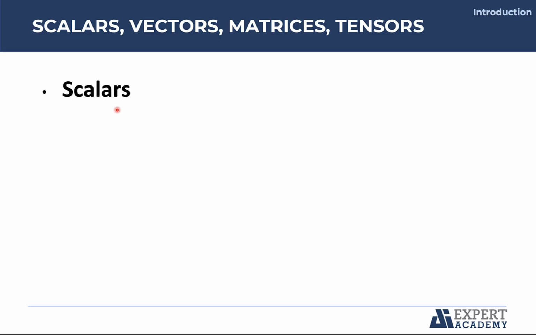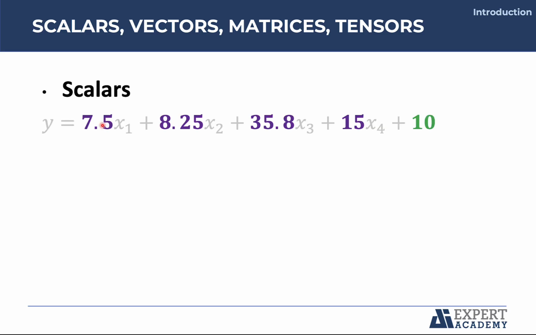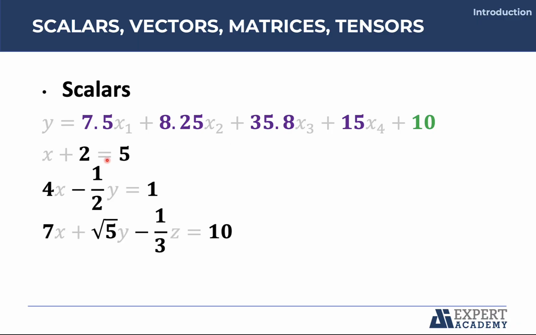Scalars are isolated numerical values such as 7.5, 8.25, and so on, the coefficients of the restaurant equations, and also the coefficients of the equations that we presented as examples of linear equations.